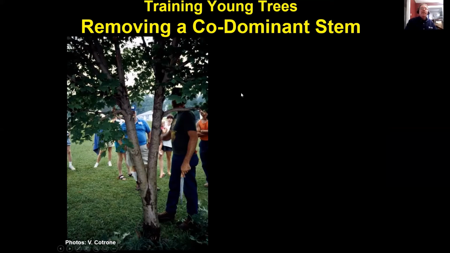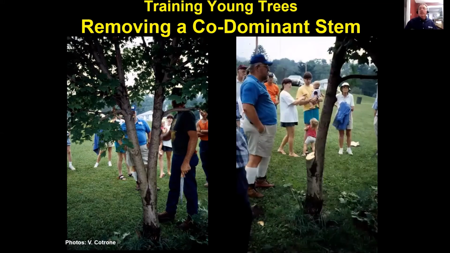We could come in here and we could spend a lot of time making reduction cuts and taking a lot of energy off of one side. Then come back in a few years and make the final cut there. The second option was cut the tree to the ground because it's going to split. And the third option is what we did, which was, okay, we're going to take the codominant stem out now and see what happens.